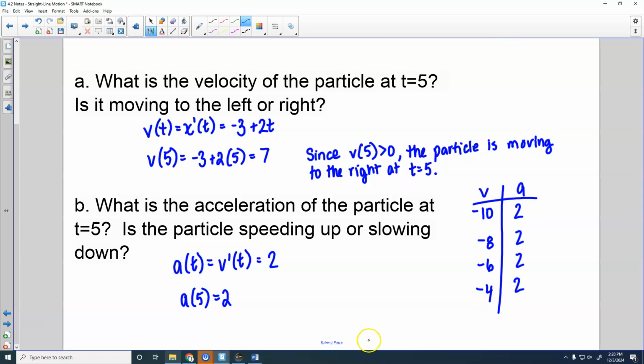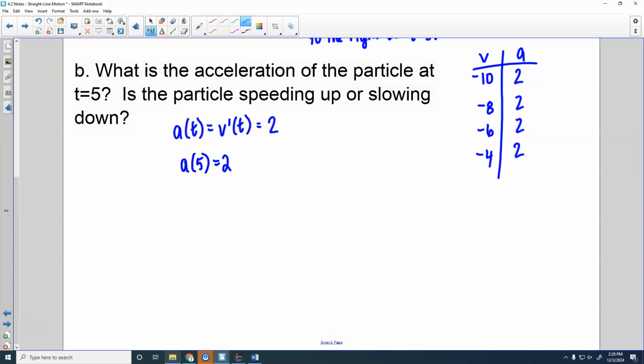Right. So there is a very simple formula that you can boil this down to. We'll make ourselves a note right here.